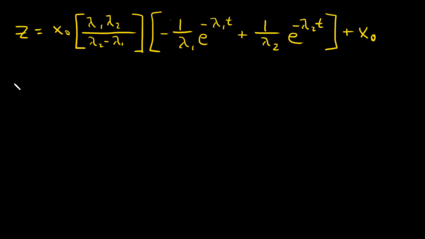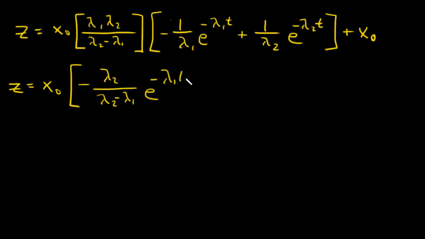So if I do that, I'm going to get z is equal to x naught times, here we go, bracket. If I send this and multiply this, my lambda 1s are going to cancel, and I'm going to be left with negative lambda 2 over lambda 2 minus lambda 1 e to the negative lambda 1 t plus, when I multiply this factor by this coefficient here, I'm now going to cancel lambda 2.